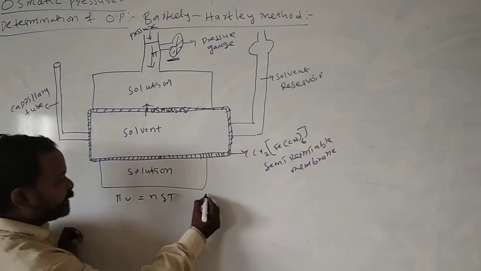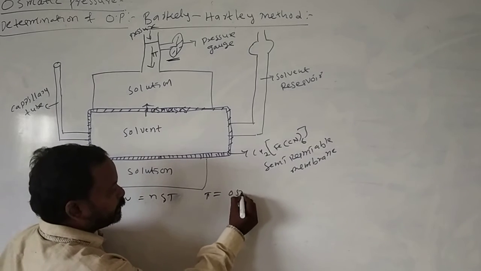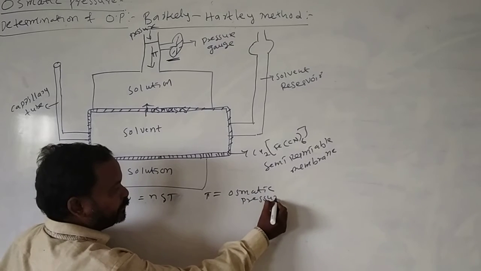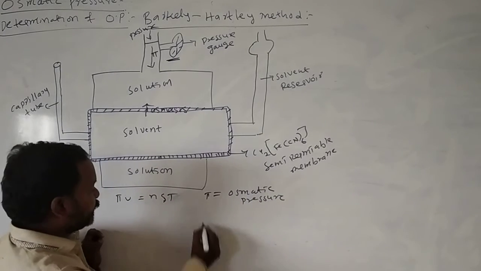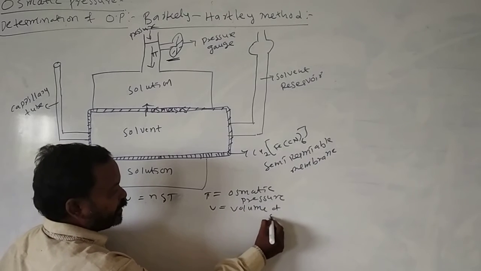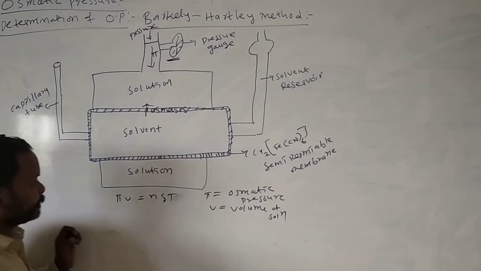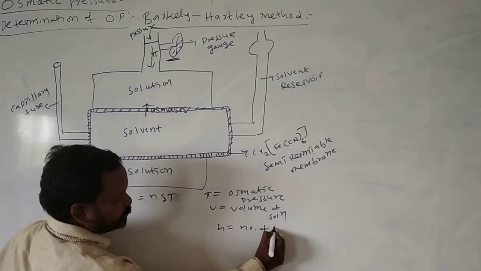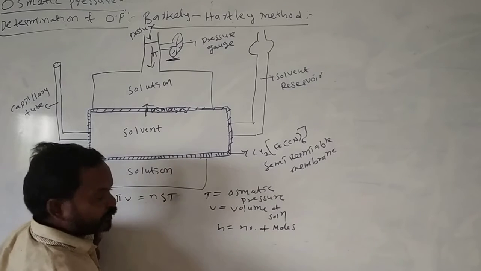What is π here? π is the osmotic pressure. V is the volume of solution. n is the number of moles.